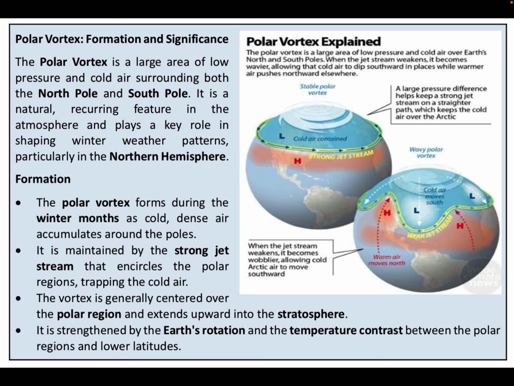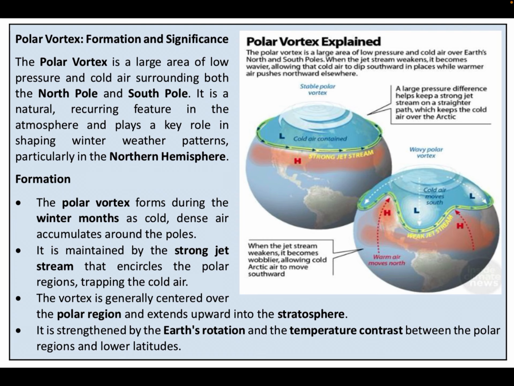The cold air is trapped in the area of the poles due to the formation of jet streams at the polar areas. It becomes wavier, allowing cold air to dip southward in places while warmer air pushes northward.